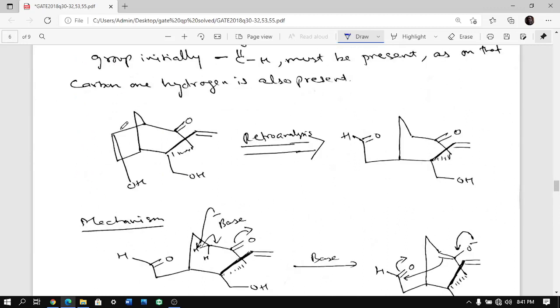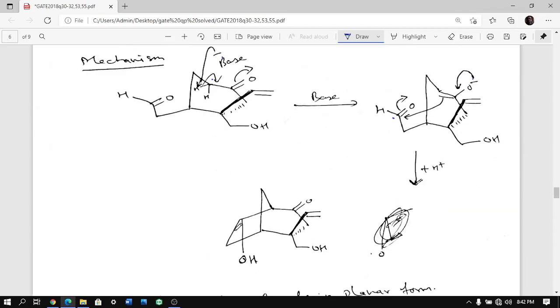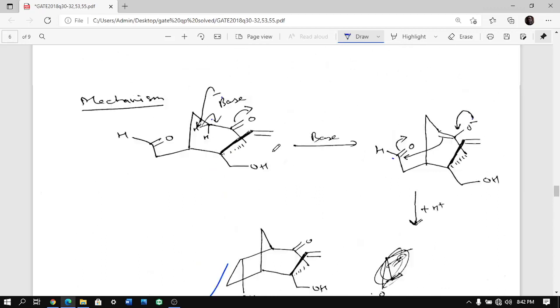So you break here, you get the carbonyl group here, and this is the alpha carbon from which the proton will be lost. This is the retro reaction. The base takes away this proton, the negative charge goes and attacks this carbon, and you get this product.